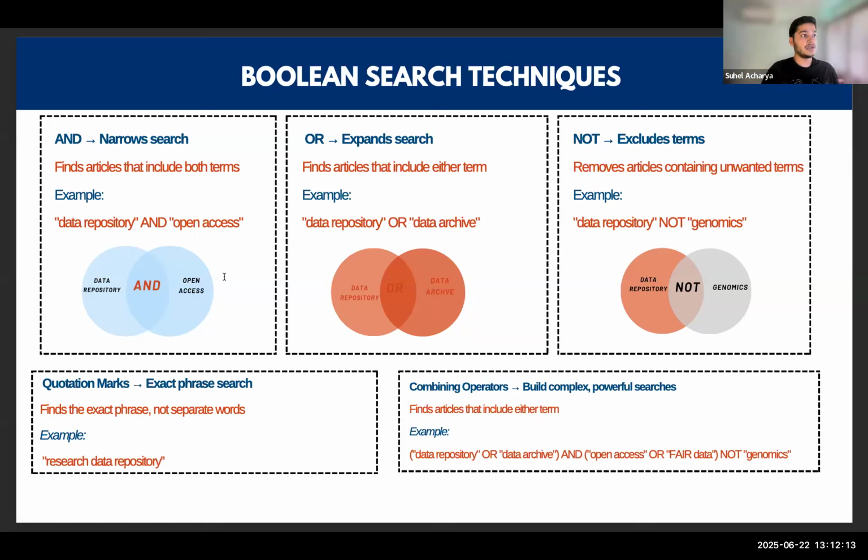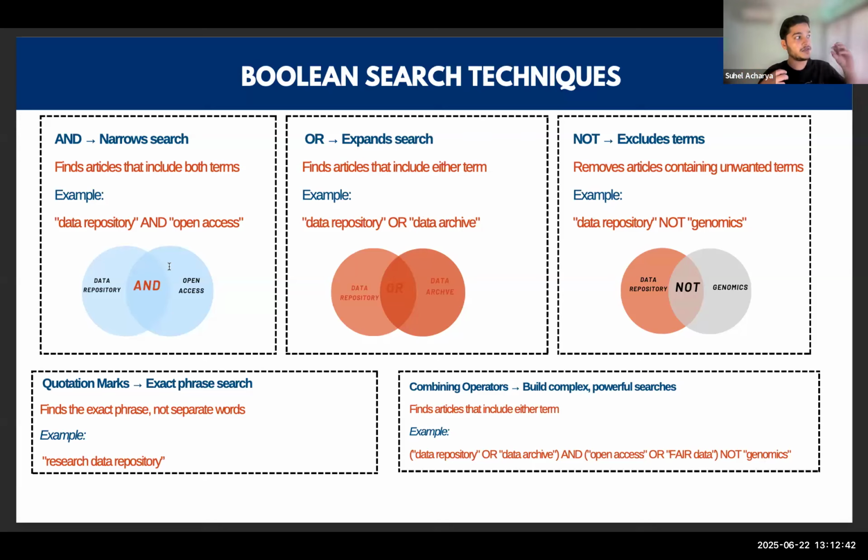And if you only want either one, right? Either data repository or data archive, right? So you can simply use data repository or data archive. It chooses either one and then gives you the result, right? When we do and, only the papers which have both the keywords will show up.